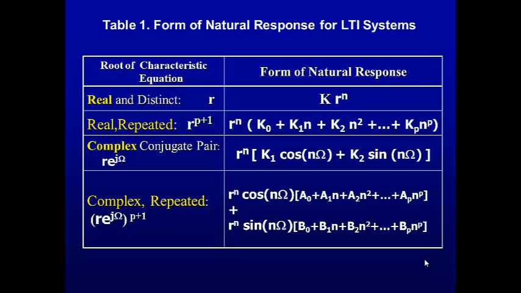Or if you like that notation, 2 square root of 2 e to the plus or minus j 3 pi over 4 is the polar form of that complex value.